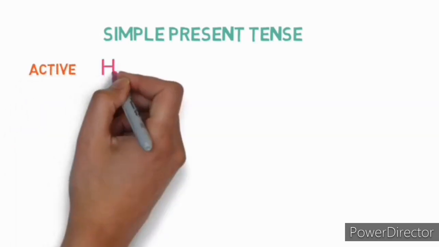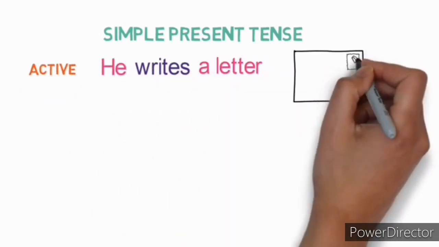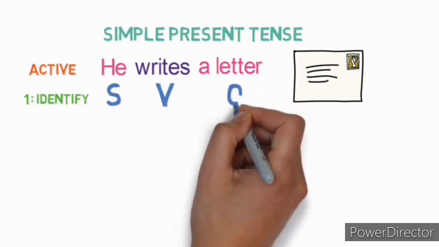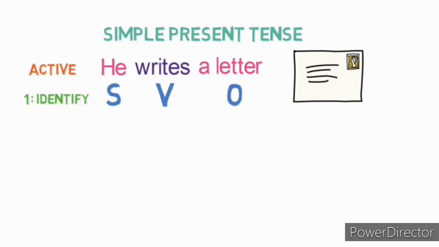Okay, dears? Now let's see some examples. Observe the sentence, he writes a letter. First identify the structure, that is subject, verb, object. Next swap the subject and the object. Next convert the main verb to verb 3 form. And the next step is adding the helping verb.